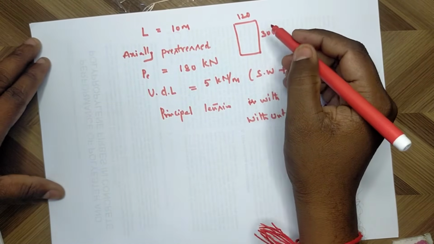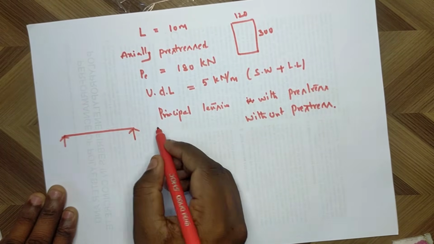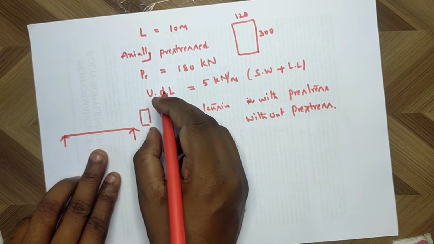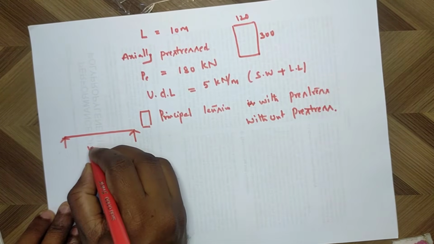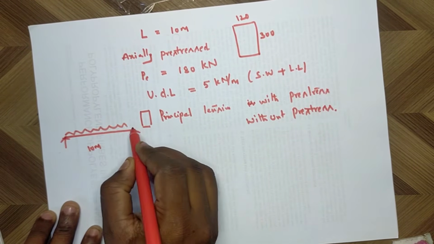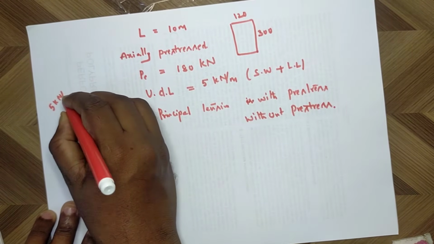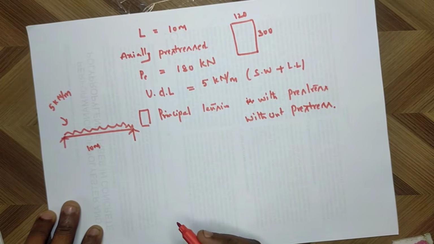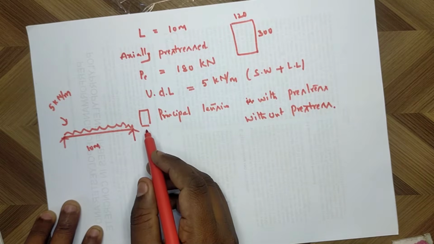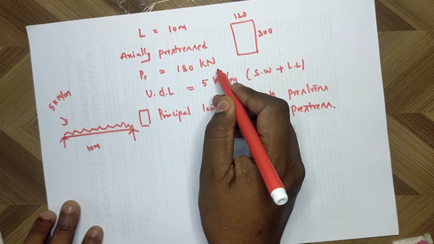There is a prestressed concrete member of rectangular section. Width is given, depth is given, and span is given as 10 meters. It is carrying a UDL of 5 kilonewton per meter. Now we need to determine the principal tension with and without the prestressing force of 180 kilonewton.